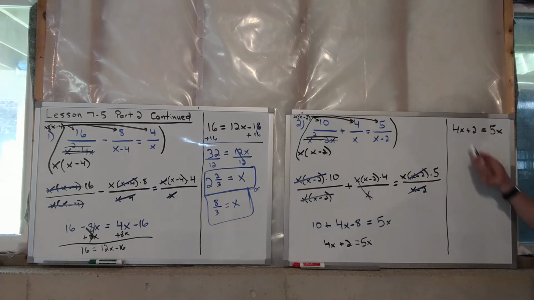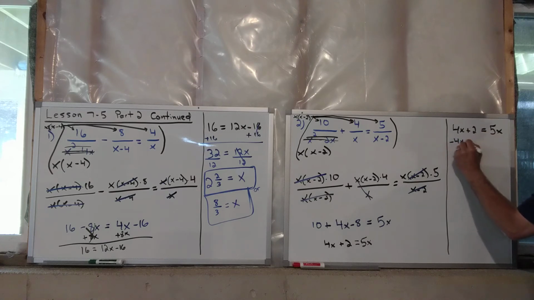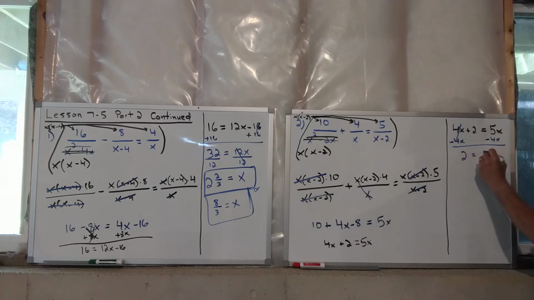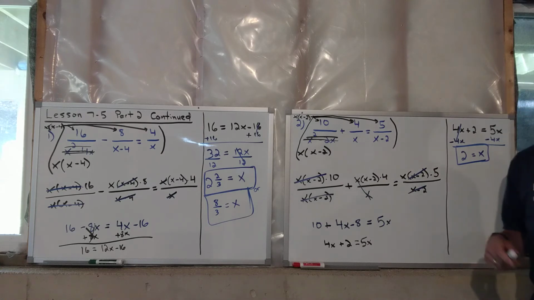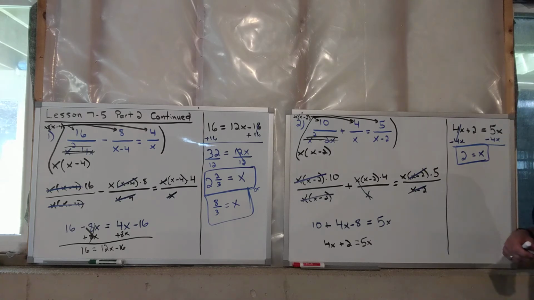We're going to get the x's on one side. This is smaller, so I'm going to subtract 4x from both sides. That's out. I got a 2 there. That gives me 5x minus 4x gives me 1x. And you guys, right now, I got a concern.